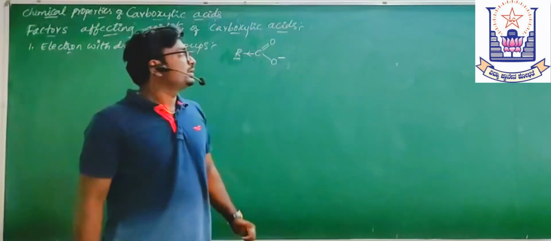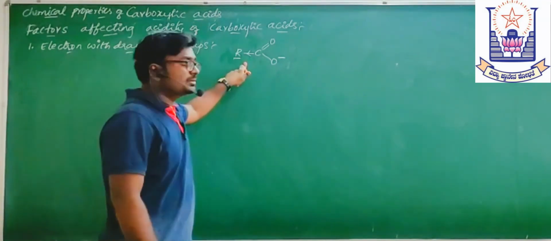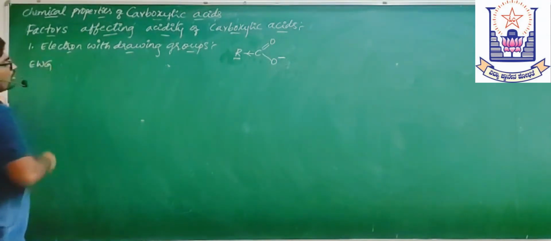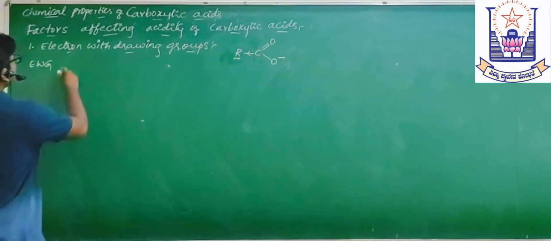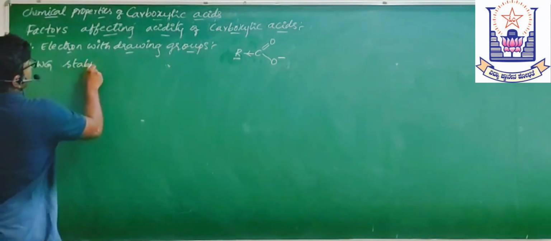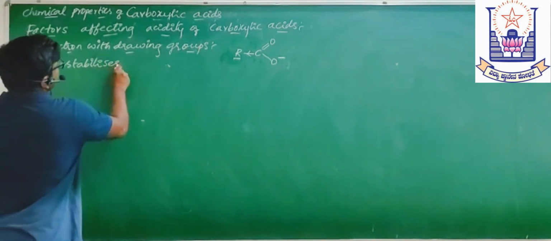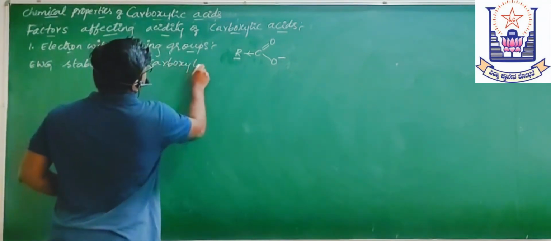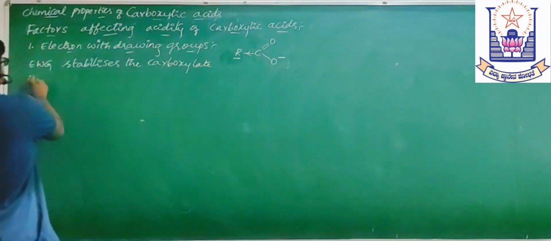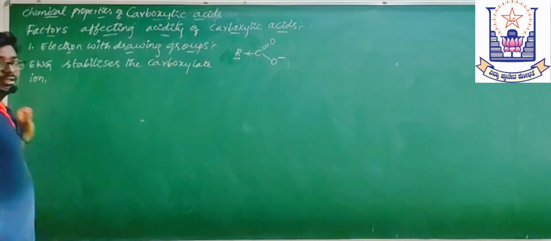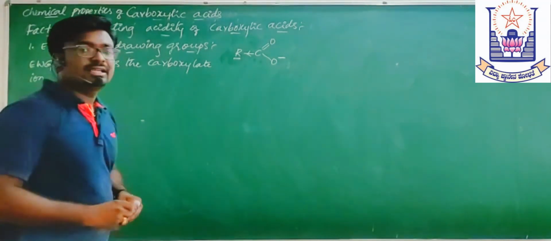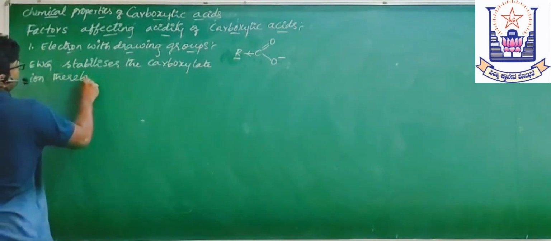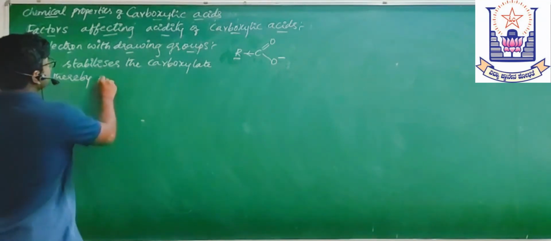So electron withdrawing groups stabilize the carboxylate ion, thereby increasing the acidity.